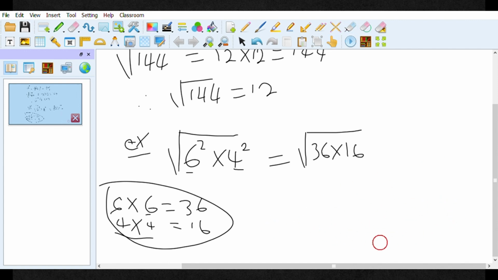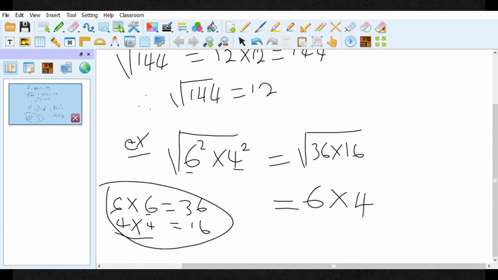The question says, right now we're at root 36 times root 16. Since 6 times 6 is 36, it means that the square root of 36 is 6. Times, if 4 times 4 is 16, it means that the square root of 16 is 4.